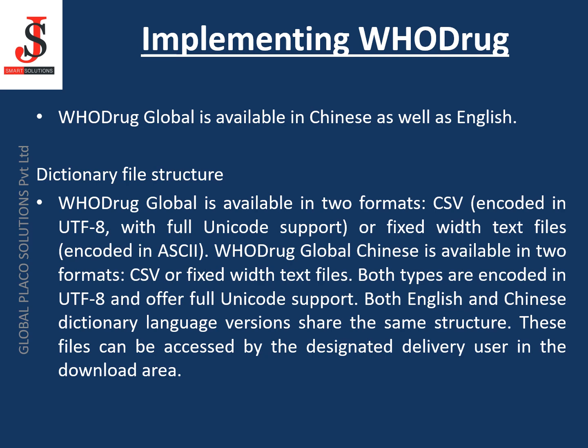WHO Drug Global Chinese is also available in two formats, the same as I mentioned just now. Both types are encoded in UTF-8 and offer full Unicode support. Both English and Chinese dictionary language versions share the same structure. These files can be accessed by the designated delivery user in the download area.